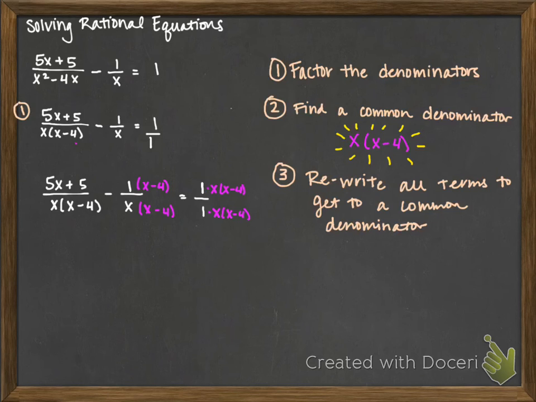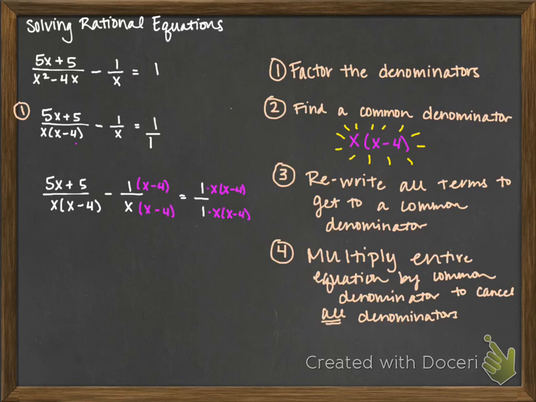So step 4, we are going to multiply the entire equation by the common denominator to effectively wipe it out. All right, so when we do this, we are taking our entire equation and we are multiplying it by our denominator, which in this case was x times x minus 4. So remember, multiplication and division cancel each other out.